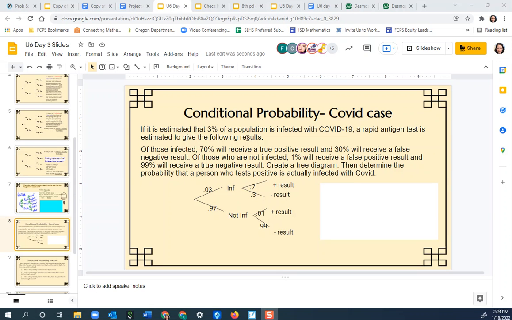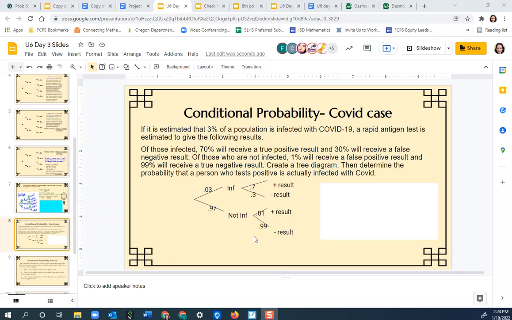All right, so this is our rapid test example. The answer to this is a little bit outside of the ordinary, and so I'm feeling like something in here might be a little bit off because it wasn't what I was expecting, but it's still a reasonable answer. So let's go through it. It's estimated that 3% of the population is infected with COVID-19. That's here.